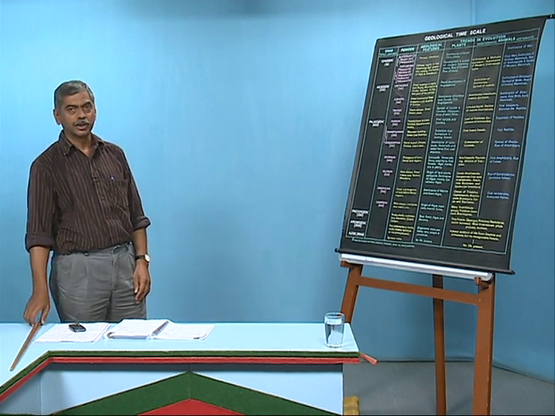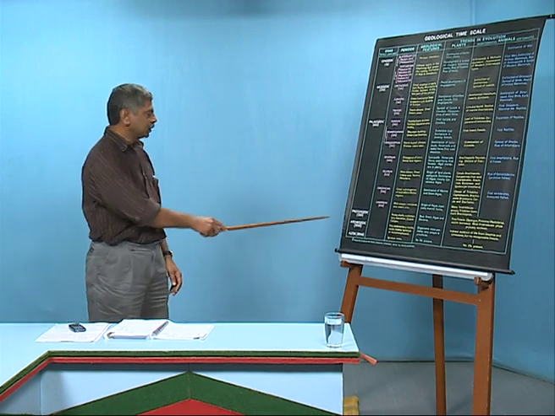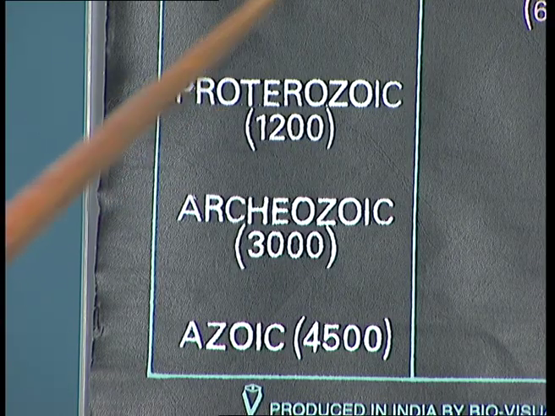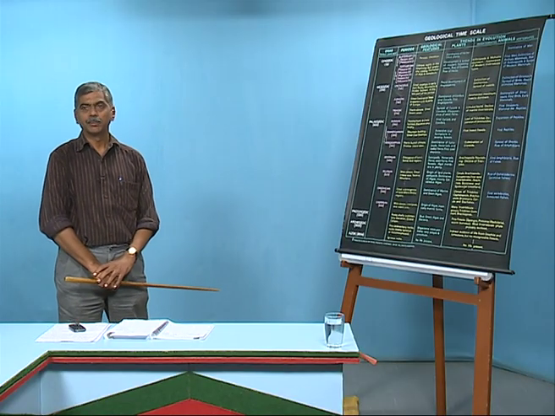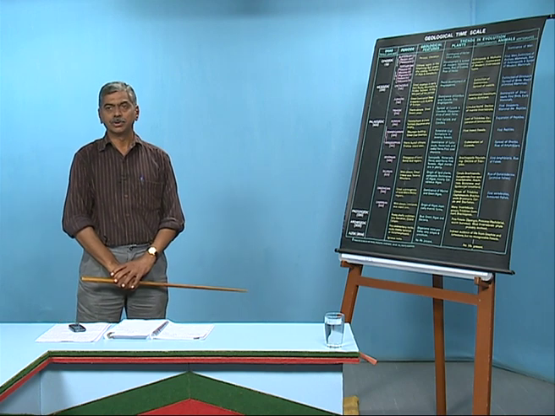Then the second group was Proterozoic group, and during this Proterozoic group, which is otherwise called as Precambrian group, there was the record of life. The primitive life initiated during this Proterozoic or Precambrian period, but the primitive life was not recorded as fossils. Then followed by the four groups, the primary, secondary, tertiary, and quaternary.